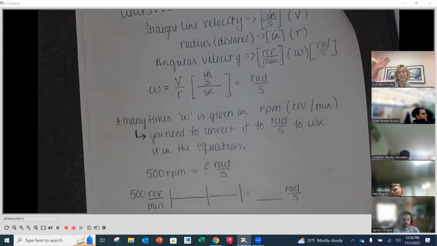I'm chuckling because this is something I always said every year to my students. Radians are like Lucky Charms. Why do you think they're like Lucky Charms? You tell me. They are magically delicious. Well, maybe not the radians, but Lucky Charms definitely are. They magically appear and they magically disappear.